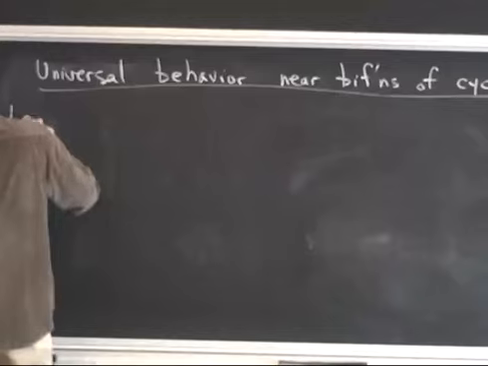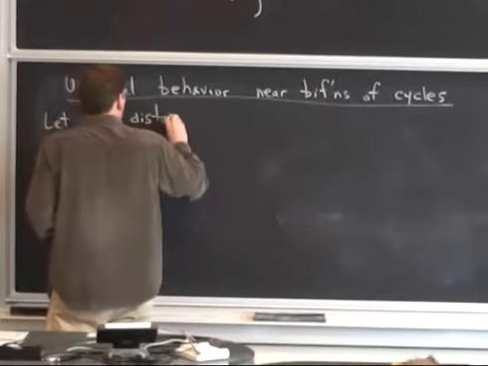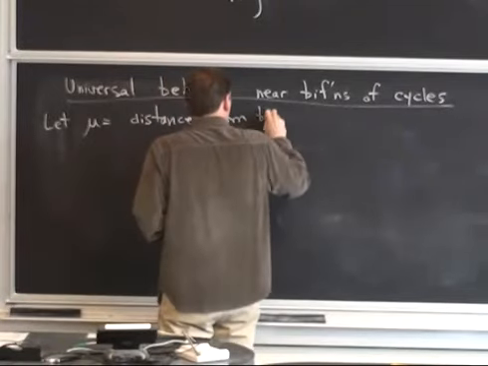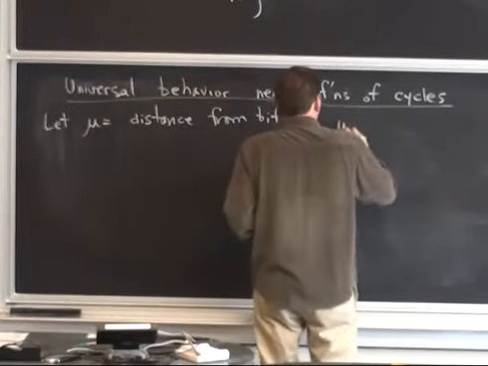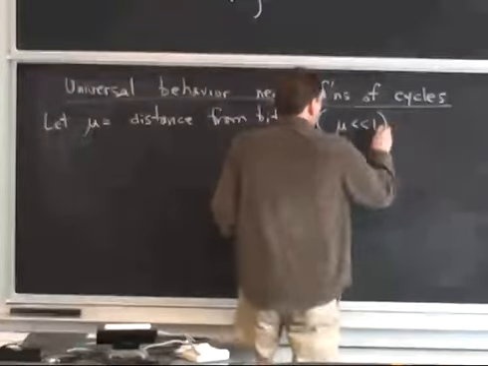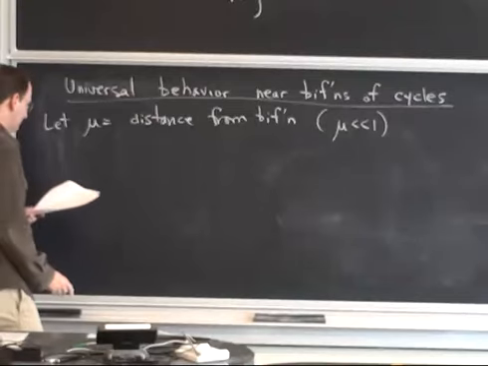So again, I'm going to let mu equal the distance from the bifurcation, in the sense that I just tried to describe in parameter space, where I think of mu as some very small quantity, so that I'm close to the bifurcation. So mu equals 0 is where the bifurcation occurs.